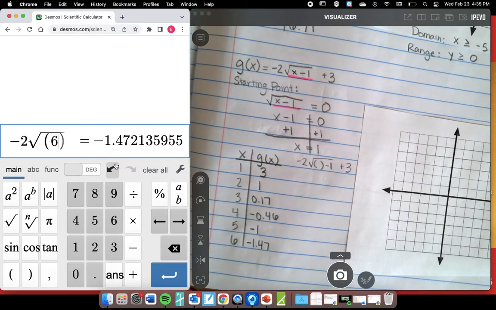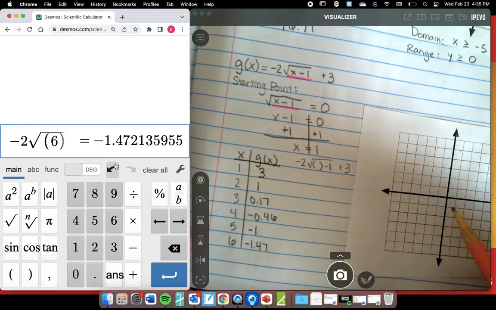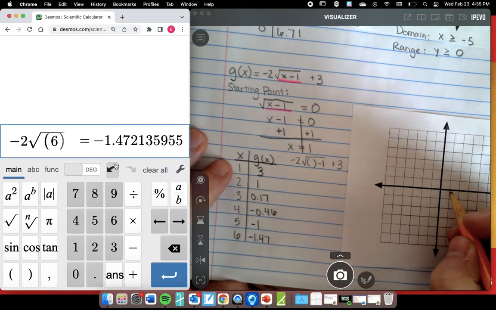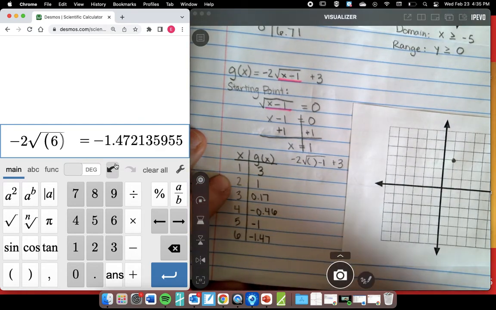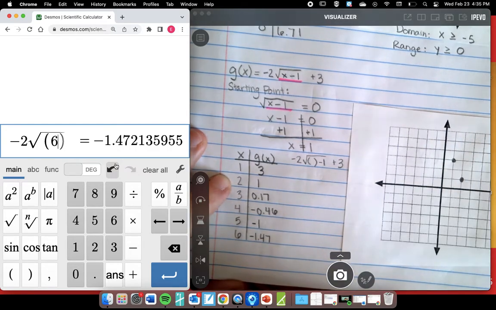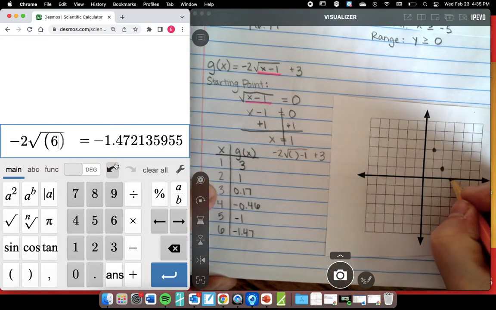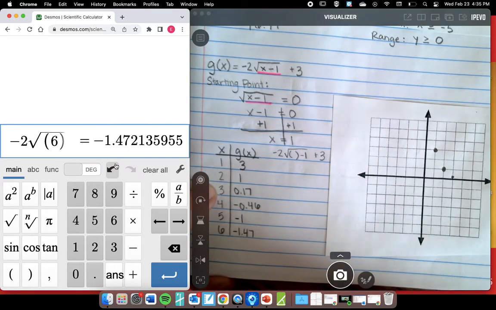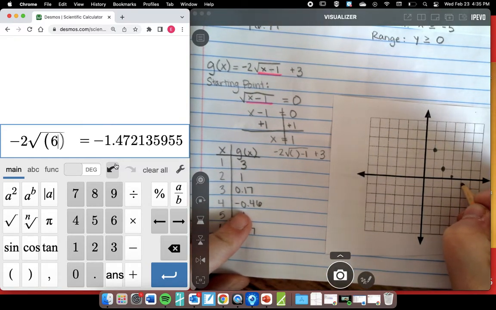So then we are ready to graph. So we have 1, 3. On the graph, we're going to go to positive 1, positive 3, and there's our starting point. Then we have 2, 1, so right 2, up 1. 3, and then 0.17, which is just barely above 0. 4, and then negative 0.46, so I'm going to go down below the 0.